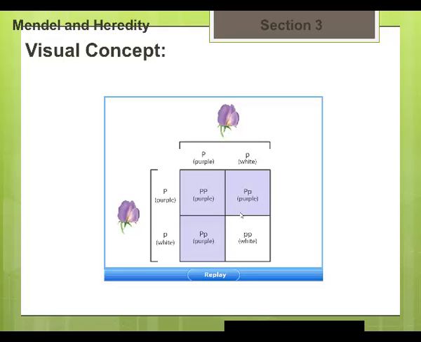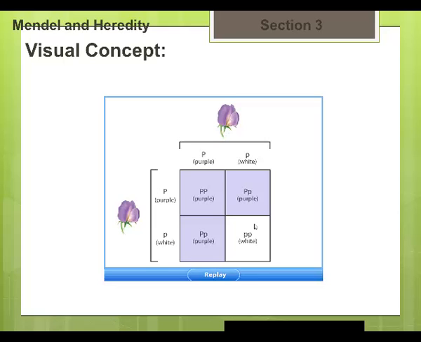But we can also have a big P that causes purple, and that is only one possible outcome in this cross. We also have big P, little p, and that is an individual that is what is called heterozygous. We also have little p. So we end up with a ratio of 1 to 2 to 1 with regard to our genotypic ratio.